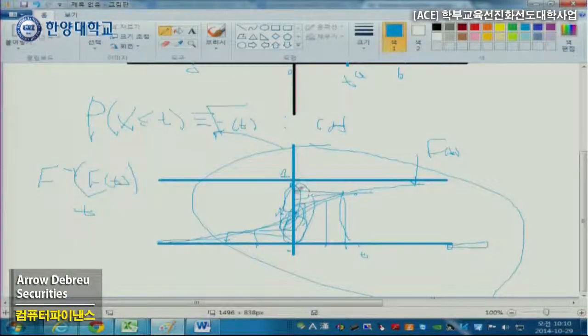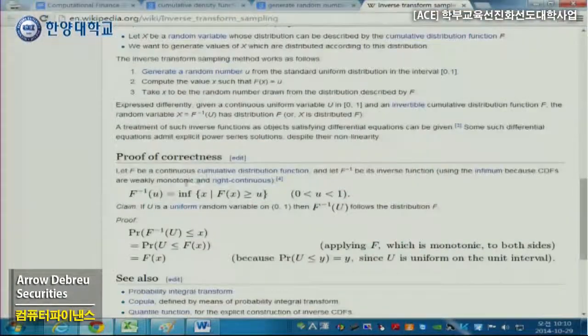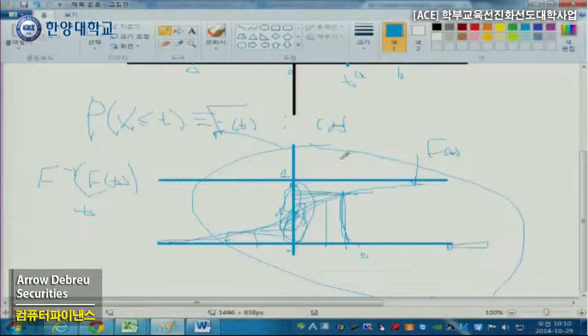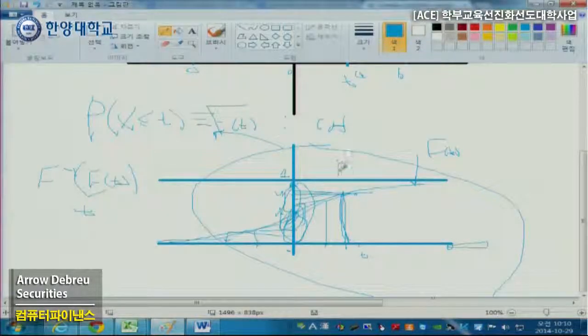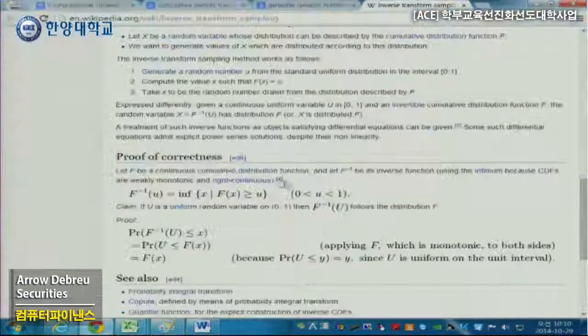So if we pick U over here, F inverse of U means basically F(x) is U. You can do this as an equality, right? Okay. Then the proof is that U is a uniform random number.